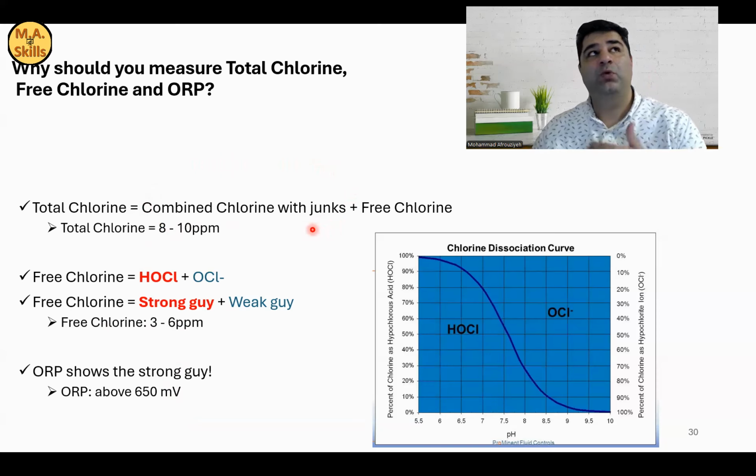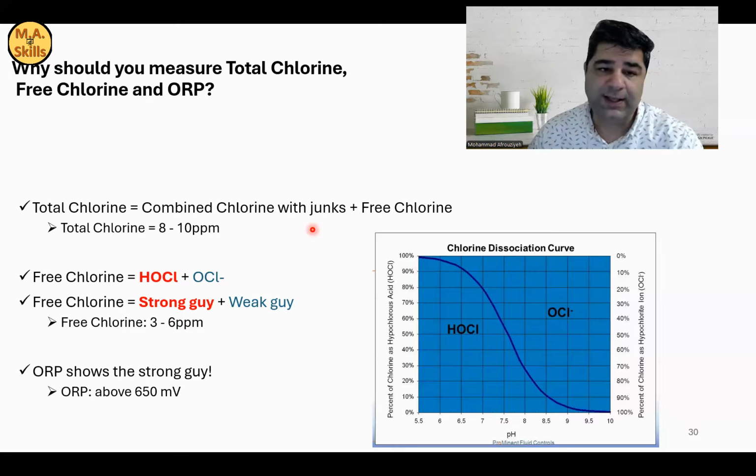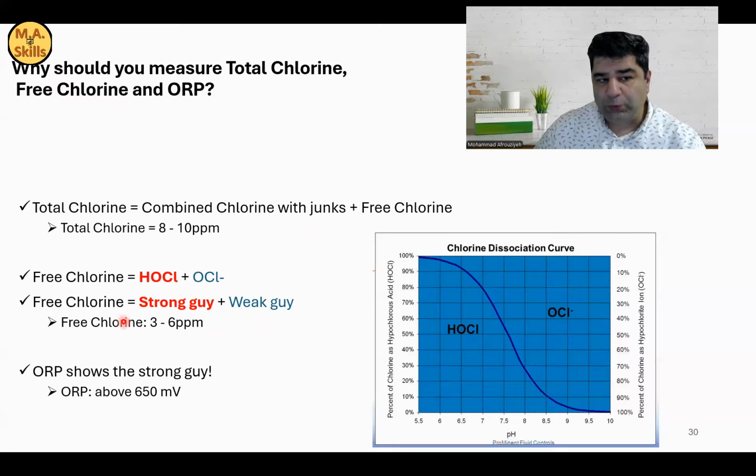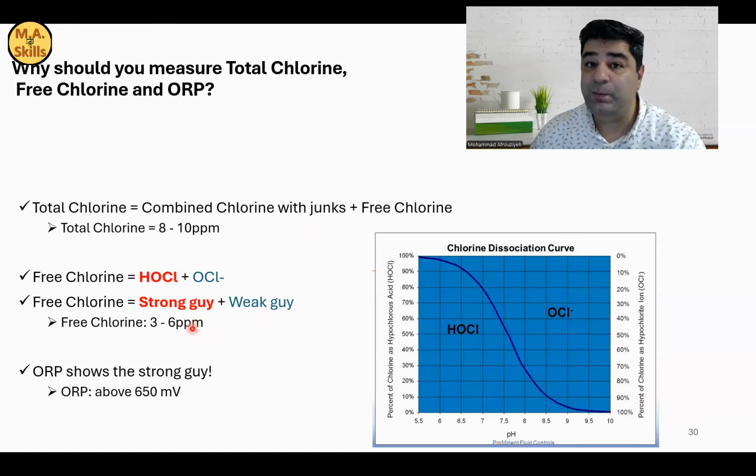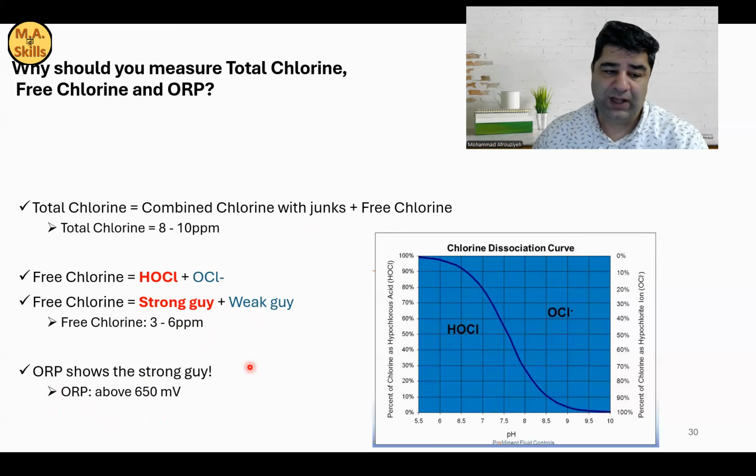It means that most of the chlorine injected into your water system is actually free chlorine and it's going to work. And from that free chlorine, more of the acid form, or strong guy, is better, which is going to be proven by the ORP level. If your ORP level is above 650 millivolts, it shows that your acid form is higher.